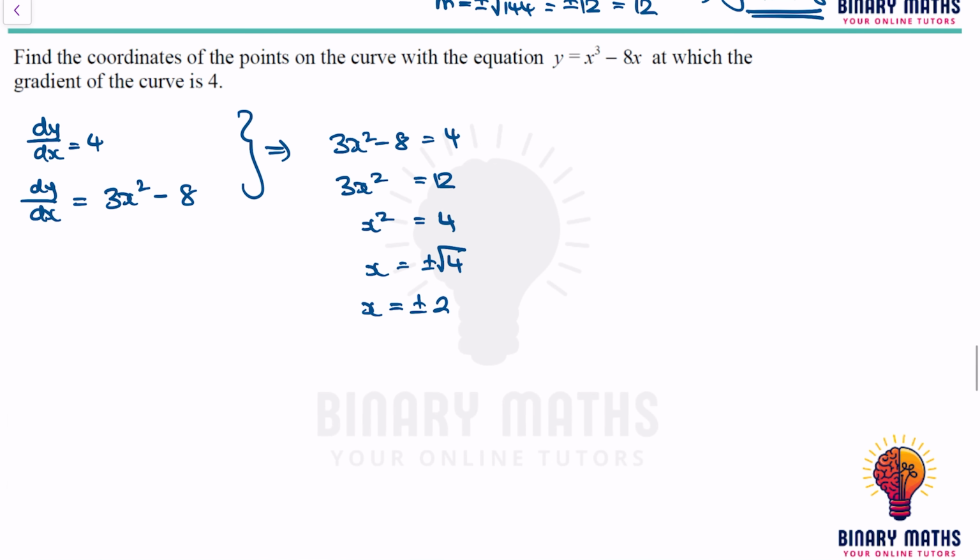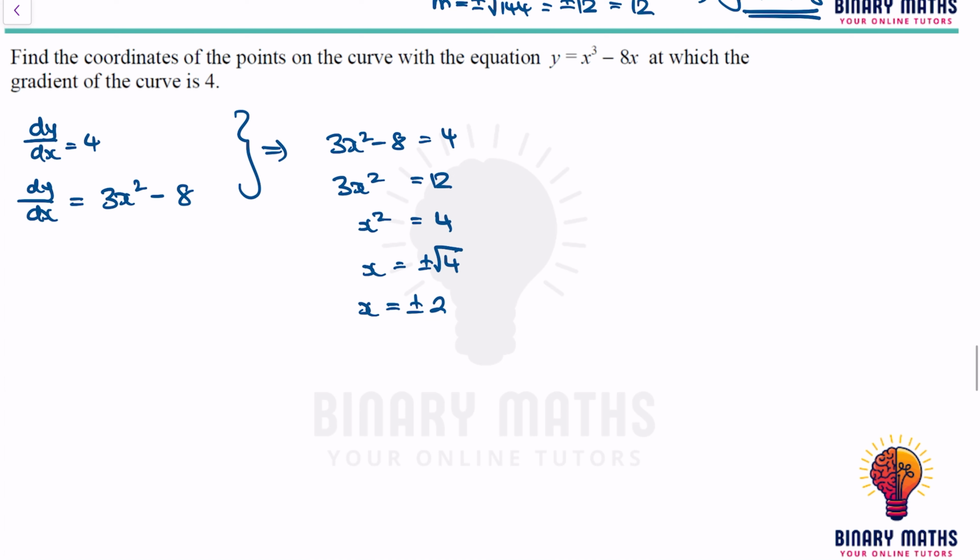So now I need to find the corresponding y values because we're trying to find the coordinates of the point. When x equals 2, y is equal to 2 cubed minus 8 times 2, which is equal to minus 8. So we've got the point (2, -8).